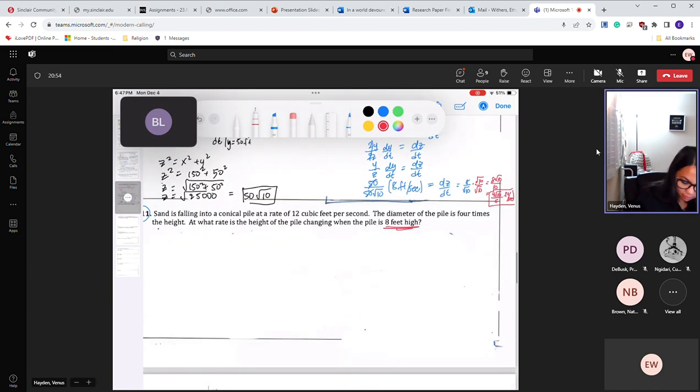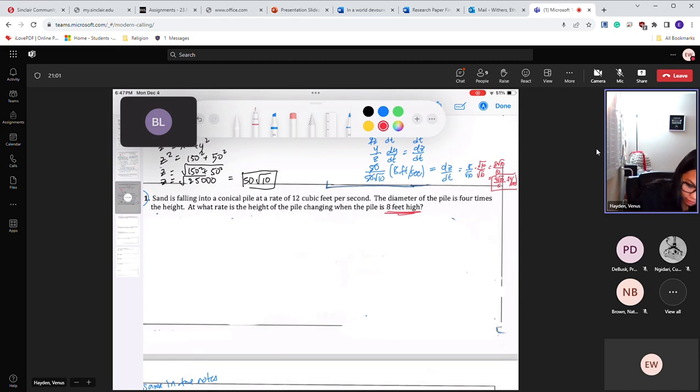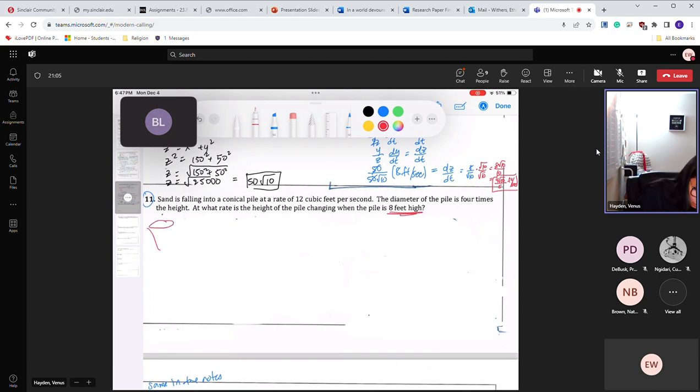All right, next problem, number 11. It says the sand is falling into a conical pile at a rate of 12 cubic feet per second. So the rate will be your dV/dt, which is equal to 12 cubic feet per second.